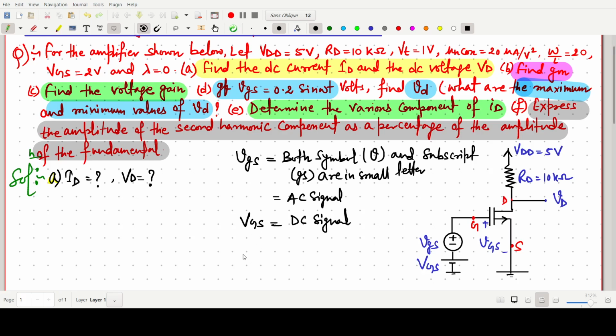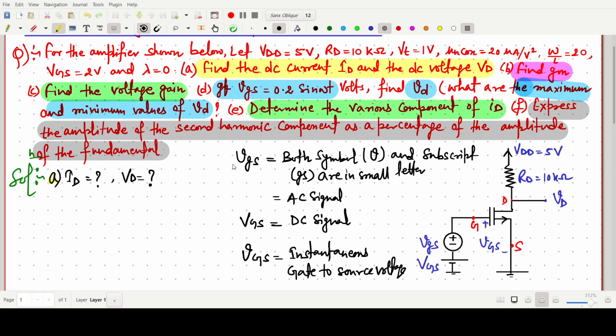Now one more representation: v small and GS capital, so this one is our instantaneous gate to source voltage. Here I am saying instantaneous gate to source voltage. This notation we have to know, it is very important.